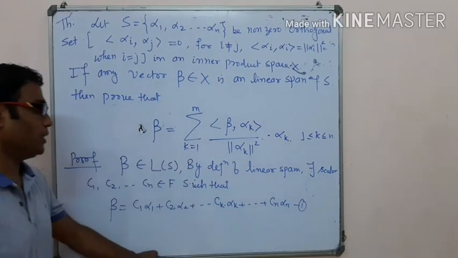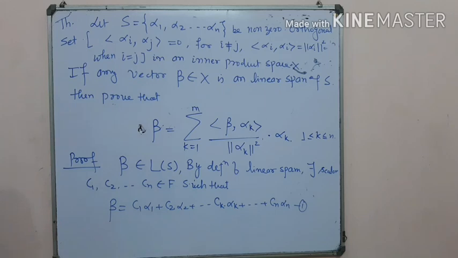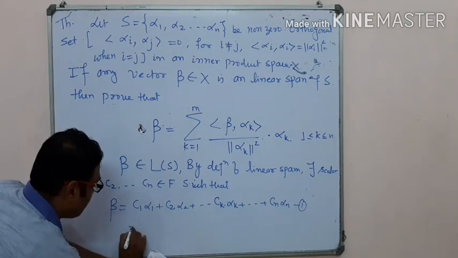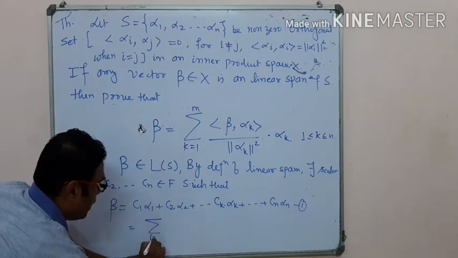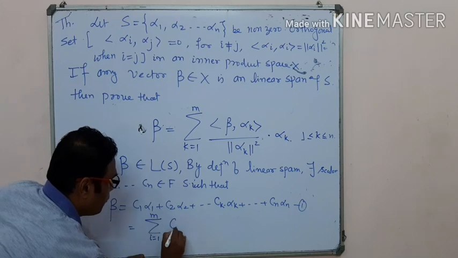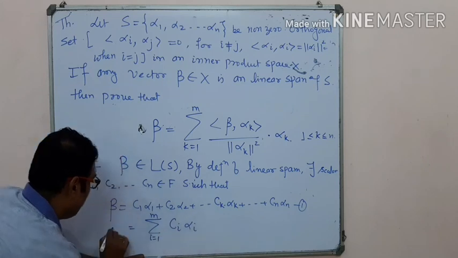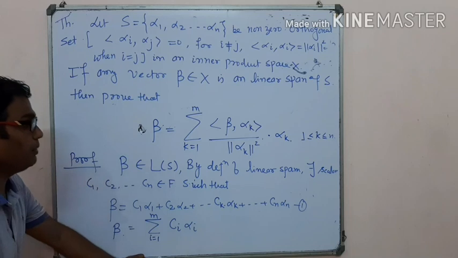So it is our relation number 1. We write down this relation in this format, that is, summation i equal to 1 up to n Ci multiplied by alpha i, which is equal to beta.